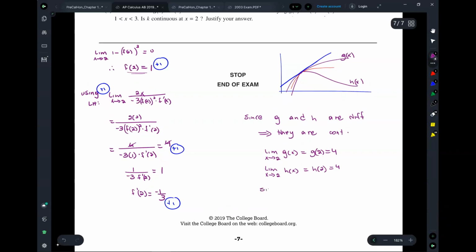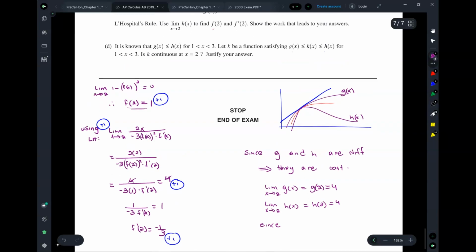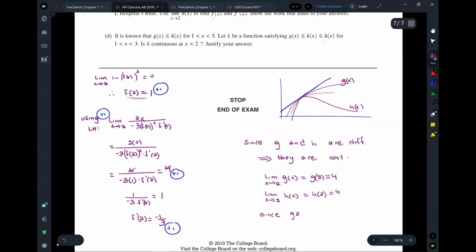And then since g of 2 is less than or equal to k of 2, which is less than or equal to h of 2, which is equal to 4, k of 2 is also 4, and it's continuous.